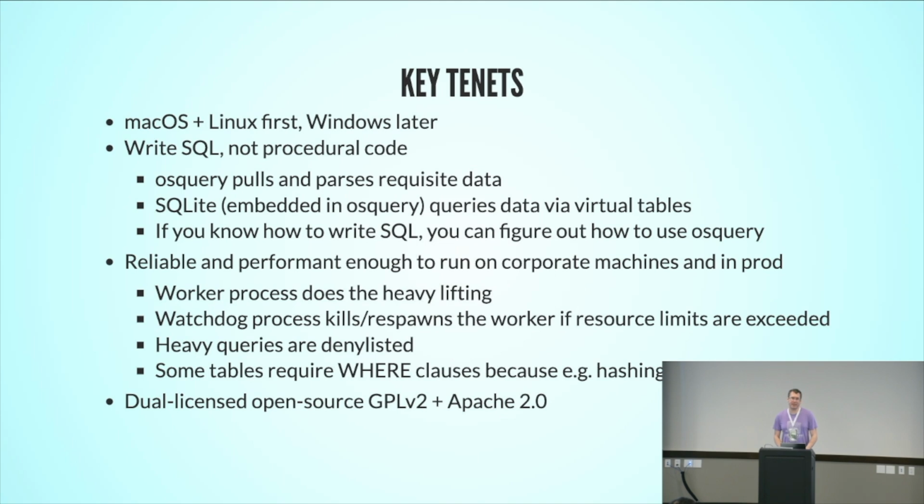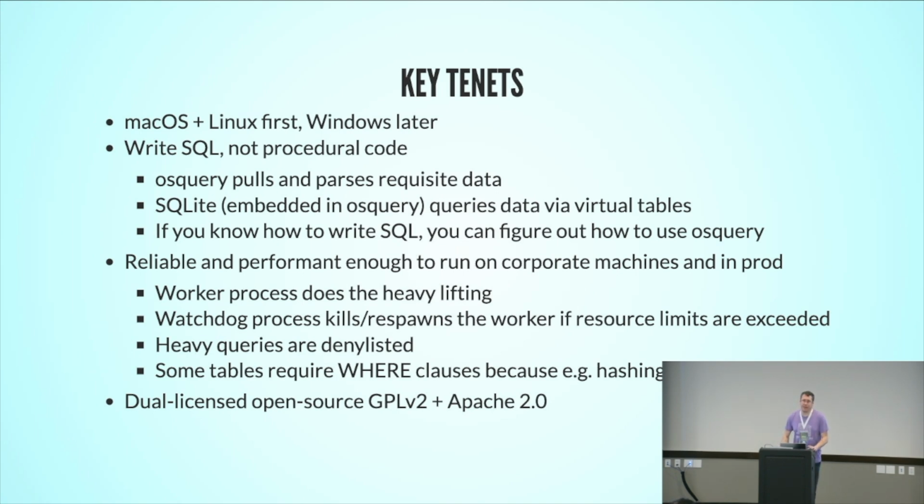And the heavy lifting on that querying and filtering once the data is actually ingested, whether that's real time or via what they call evented tables, which we'll get into later, is handled by SQLite, not reinventing that wheel. But the actual parsing of the data sources, whether that is system APIs, files, or even network calls in certain cases, is all done by osquery.